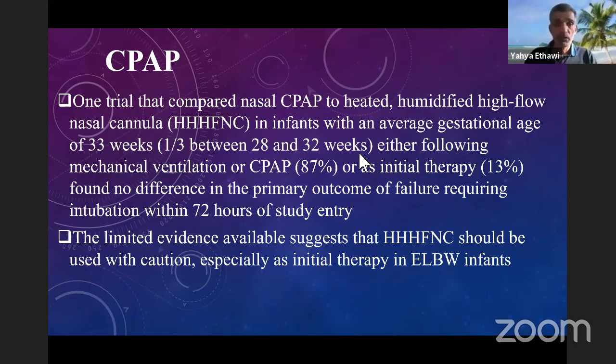Again, there is one trial comparing CPAP with heated, humidified, high-flow nasal cannula. It found no difference. The performance is almost the same. However, I prefer CPAP because I can see the pressure and I can see the flow. And I prefer high-flow humidified cannula if there is local trauma.